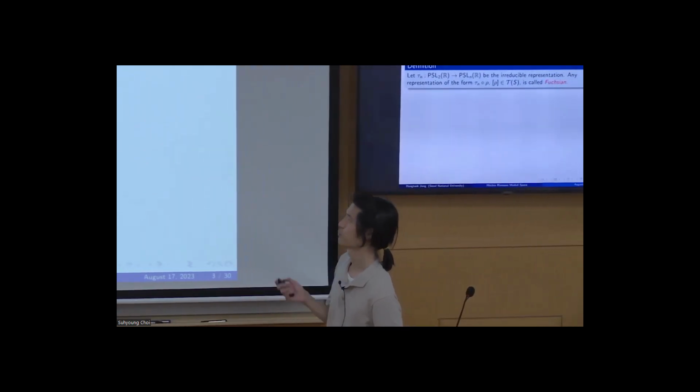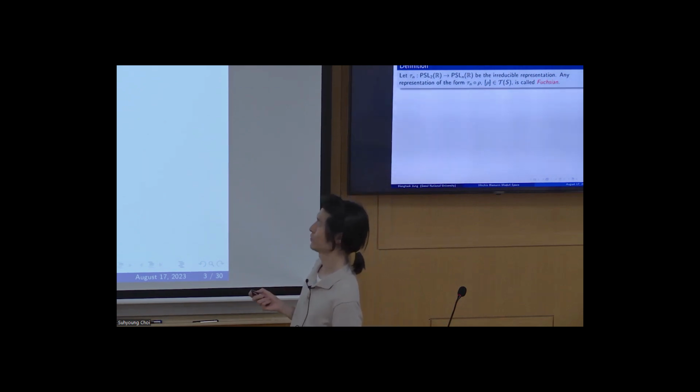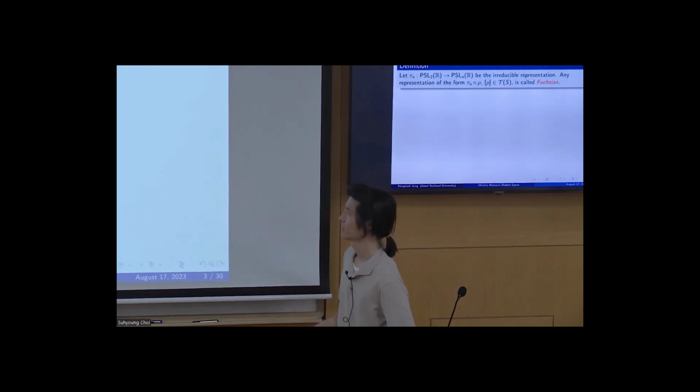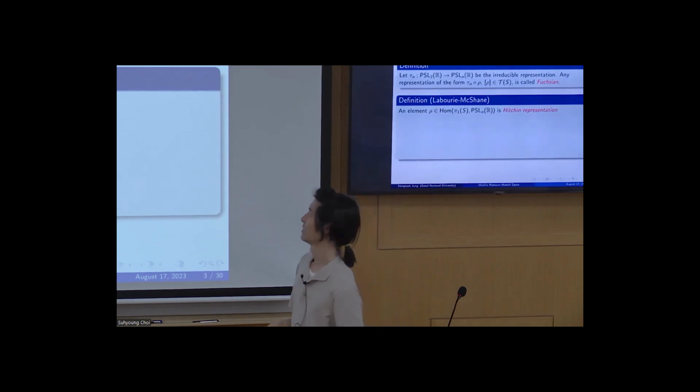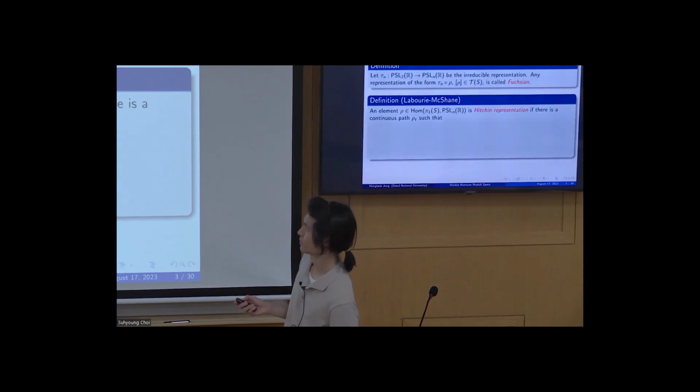Then we choose, as we did last time, the irreducible representation, and any representation of this form will be called Fuchsian. I'll give you a Hitchin representation in terms of Labourie and McShane, because our surface is not closed in this case.